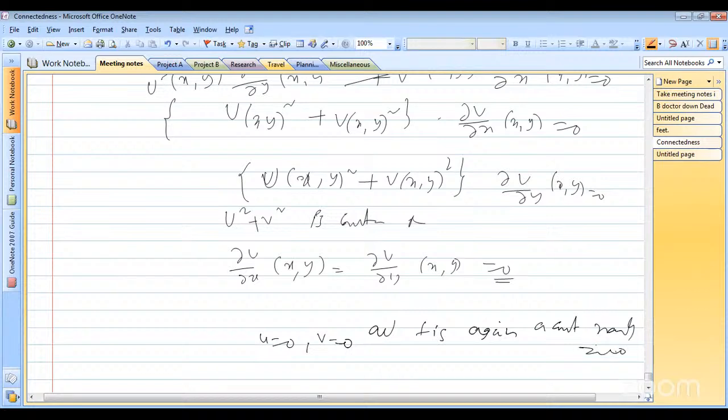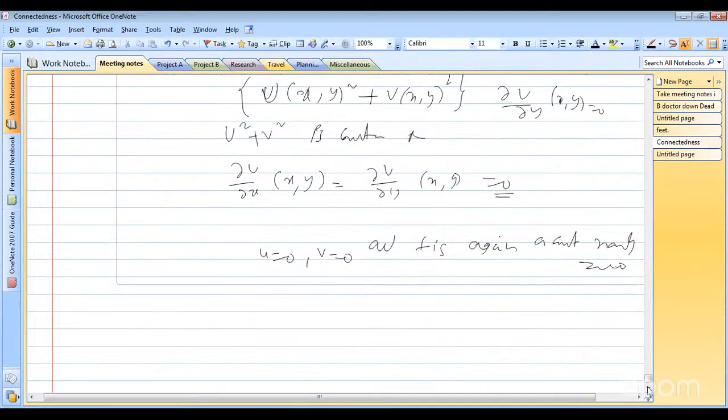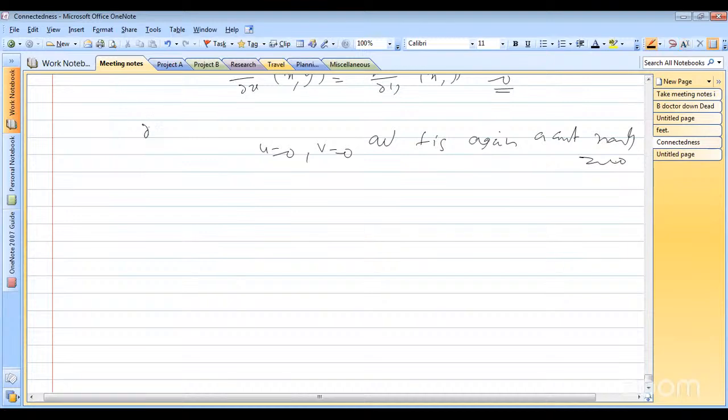Tomorrow in the class we will discuss harmonic functions. What is a harmonic function? It is a two-dimensional Laplace function, that is, ∂²φ/∂x² plus ∂²φ/∂y² is equal to 0.